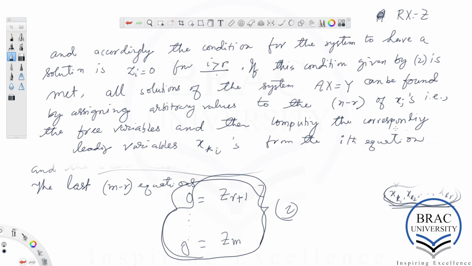So you compute x_k_i from the ith equation, and i varies from 1 to r.